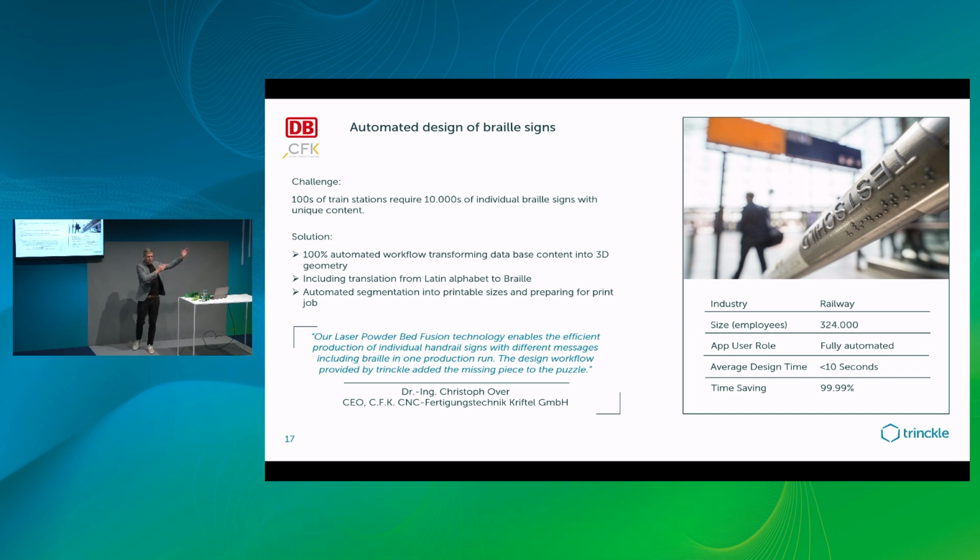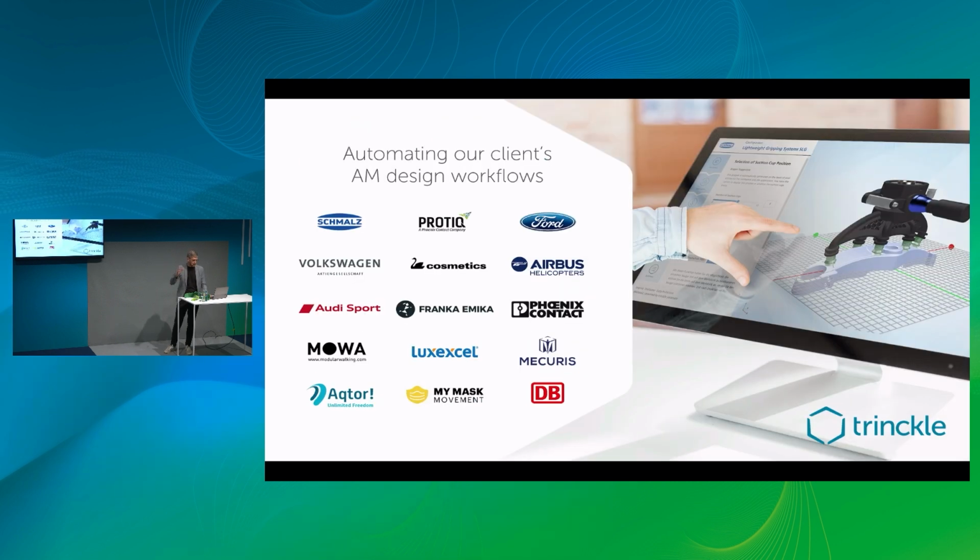Here it's main station, main street, 250 meters to the left, or whatever street, 350 meters to the right. Always individual content. We automatically convert that into braille font, and every single printed aluminum piece, and we're talking about 30,000 pieces for German train stations only, is individually and automatically designed with our software. So these are a couple of examples of customer projects that we've done in the field of design automation.